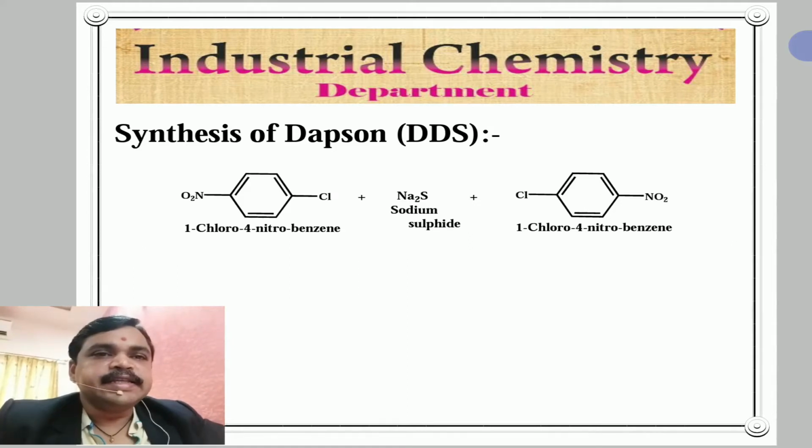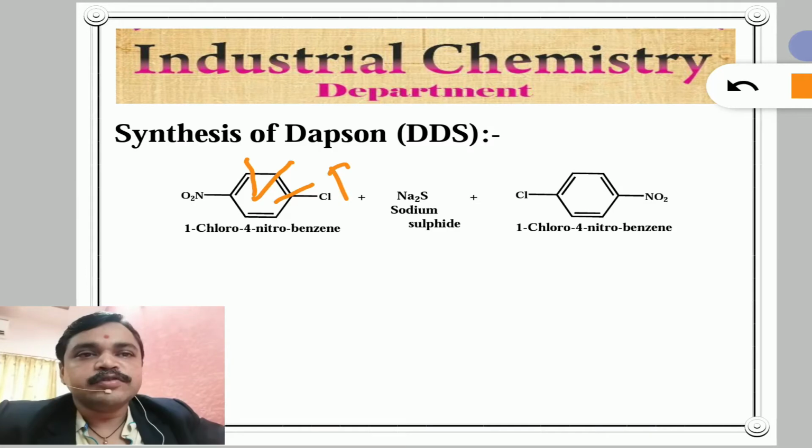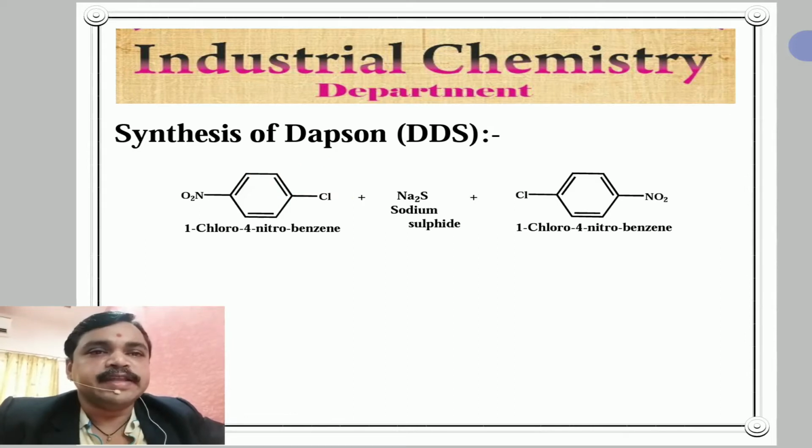Dapsone is synthesized from 1-chloro-4-nitrobenzene. It is also known as para-chloronitrobenzene. If we start numbering from here, ortho, meta, and para, so it is para-chloronitrobenzene. 2 moles of para-chloronitrobenzene are treated with sodium sulfide, Na2S.